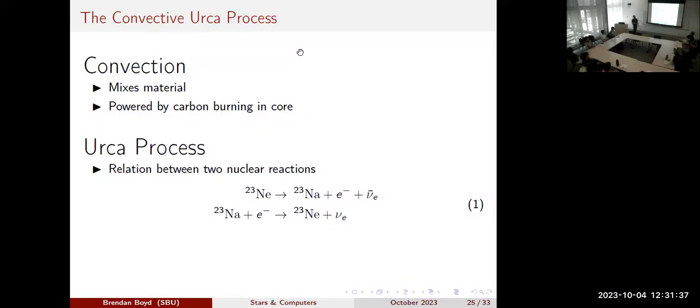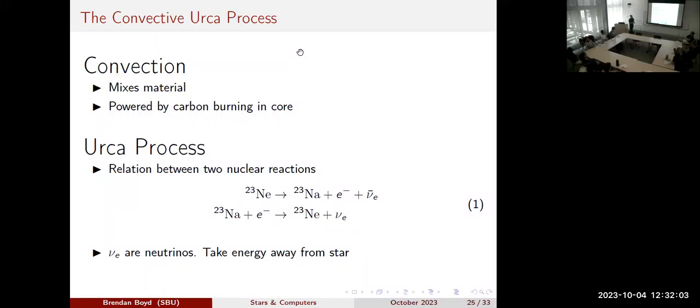The only difference between these two is the little neutrinos that get lost each time. These neutrinos will take away energy from the star. They're just going to free stream away. And that can provide some cooling and maybe some other interesting effects that will affect this convection.